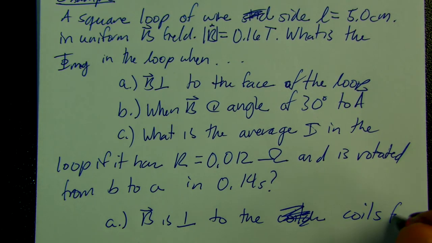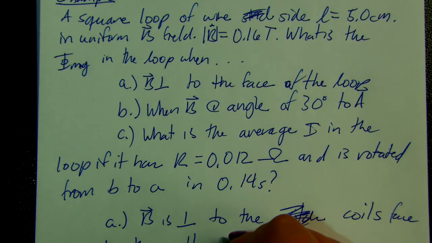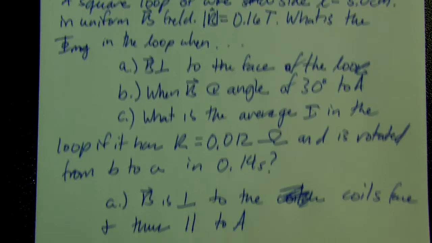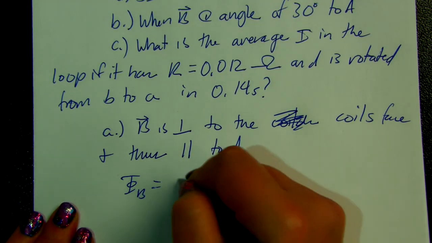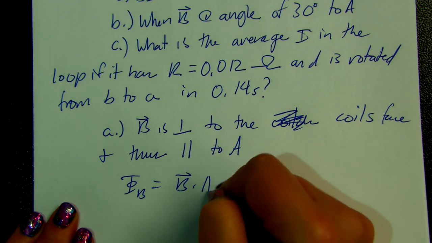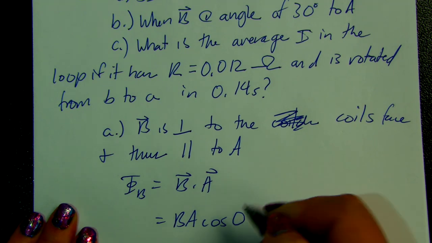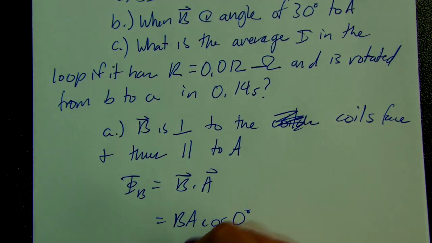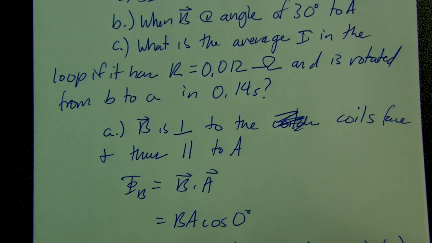Alrighty, so for part A, B is perpendicular to the coil's face, and thus it's going to be parallel to A. So the magnetic flux is equal to B dot A, which is equal to BA cosine 0 degrees, which is 0.16 Tesla times 0.05 meters times 0.05 meters times 1.